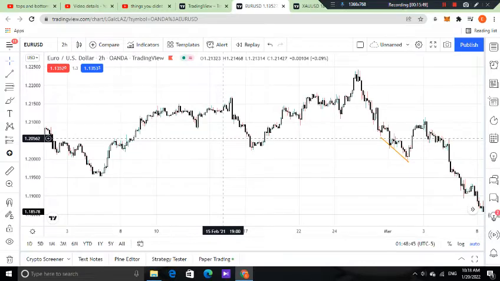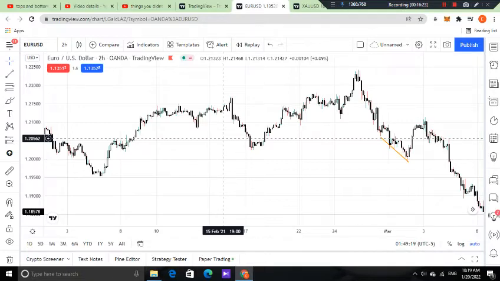So if I want to sum up, generally we have 2 kinds of wedges, wedge top and wedge bottom. Wedge tops, we usually see near resistance areas, and we expect to see a bear breakout in 70% of cases.